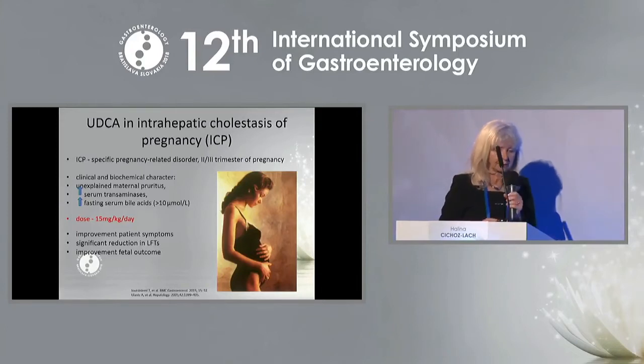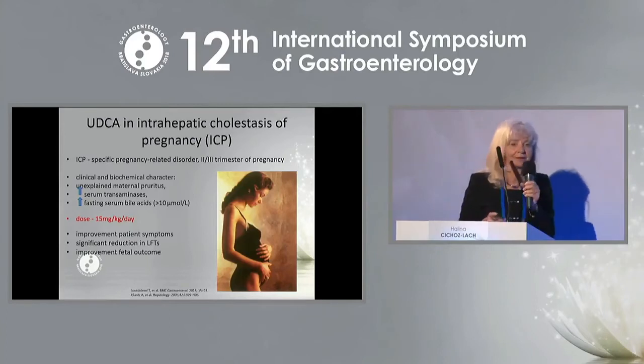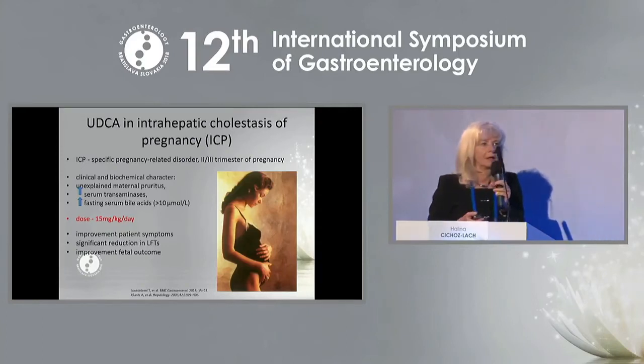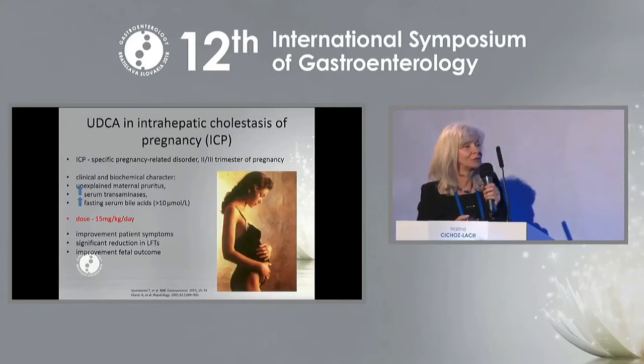Ladies and gentlemen, we can talk about the hepatoprotective role of UDCA very much. But I tried to summarize and present the most important problems concerning this topic. I realize that they do not cover all issues.